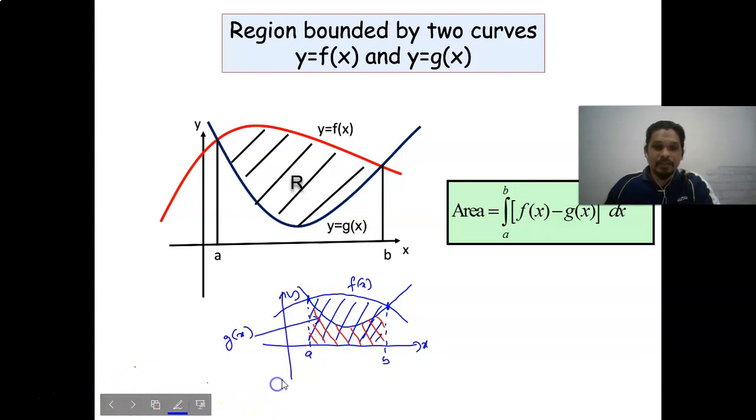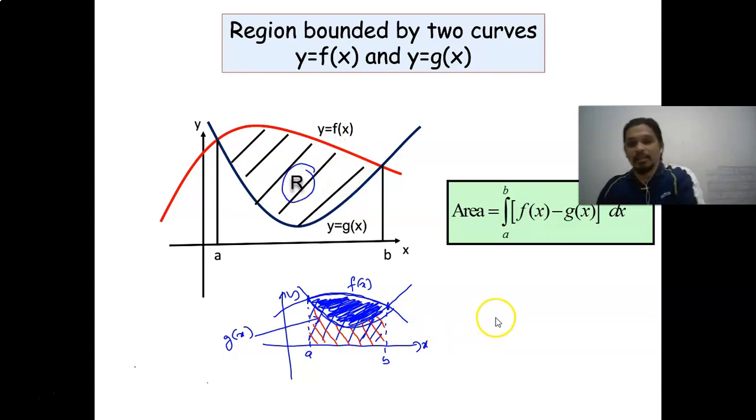So now, the whole area between f(x) and the x-axis, minus the area between the curve of g(x) and the x-axis, the red line here, is the area that we get. So this is the area, the result of R, as you see here.